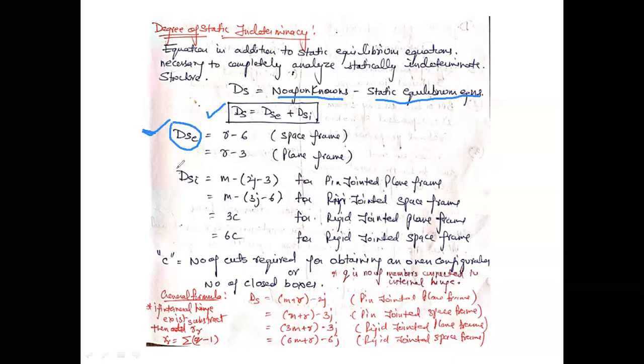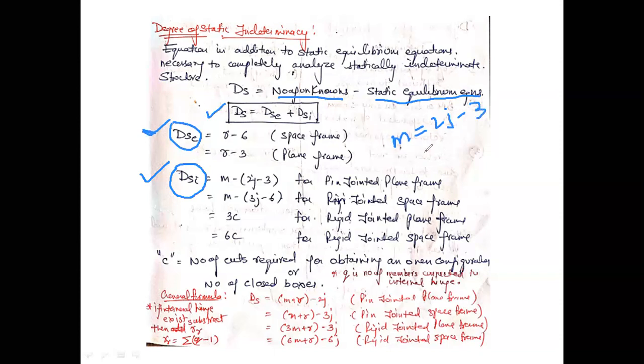Now, if we talk about DSI, it is the degree of internal static indeterminacy. It will be different for different kinds of frames. We have already discussed this equation: M is equal to 2J minus 3.